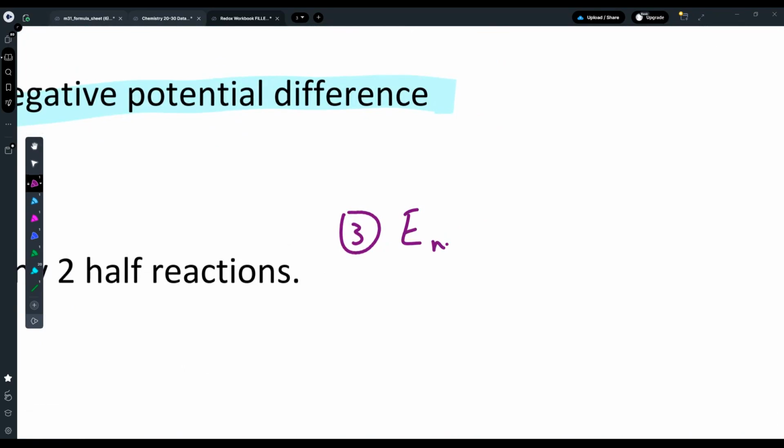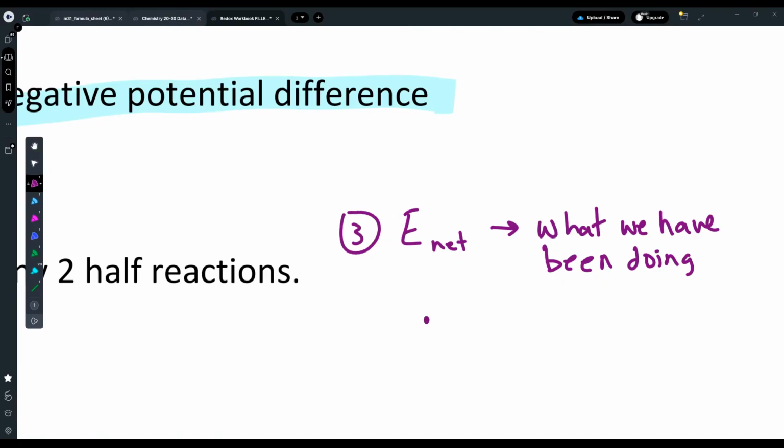So we find the potential difference by flipping the sign of the oxidation reaction and then adding up the voltages. So, what we have been doing: flip sign, and by flip sign I mean, as a reduction reaction, if it's a positive sign but you're trying to write it as an oxidation reaction, you flip that positive into a negative.